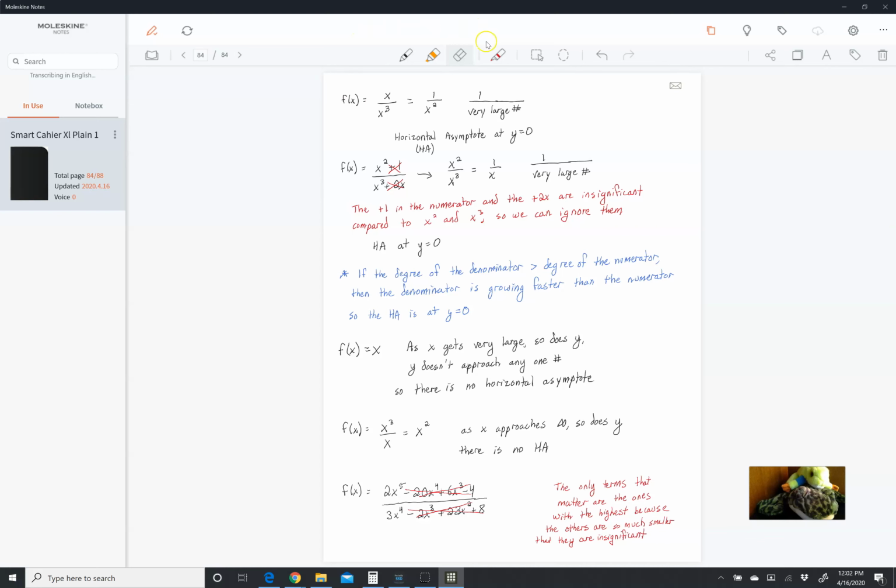What that means is that once again, we're not using an equal sign because the function is not exactly the same, okay? What we're saying is that this can be interpreted as 2x to the 5th over 3x to the 4th. And it can be interpreted that way when we're trying to figure out what happens when x gets very, very large. Because when x gets very, very large, these don't influence that at all. And what we wind up with here is 2x over 3. There is no horizontal asymptote.